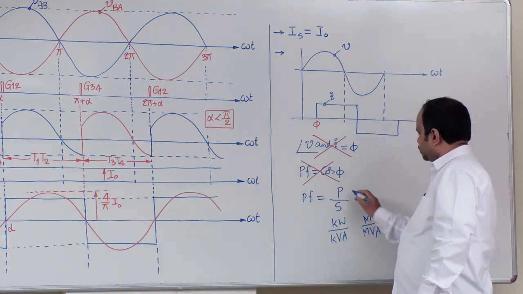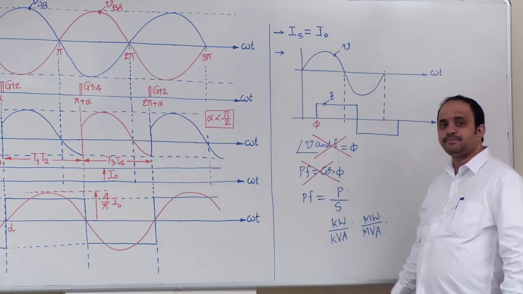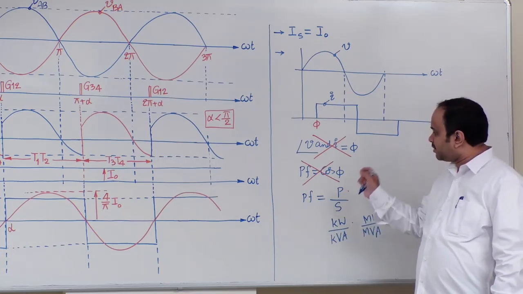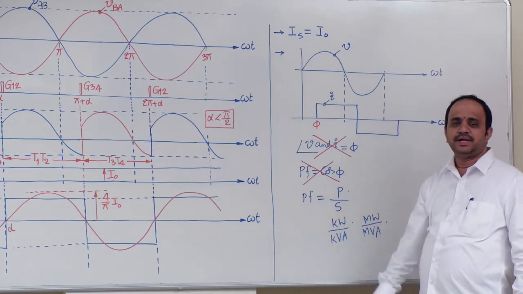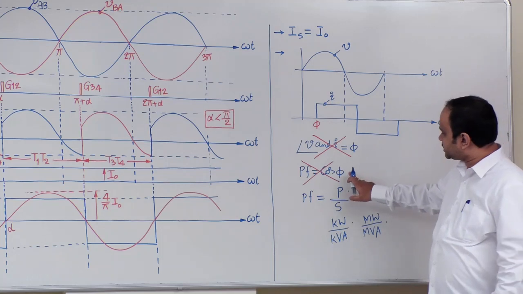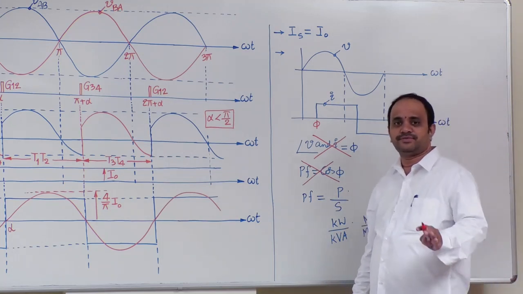You can use any one of these definitions. Whether harmonics are present or absent, these definitions are applicable. But power factor equal to cos phi is one subcategory of power factor definition. This is valid only when voltage and current are harmonic free.